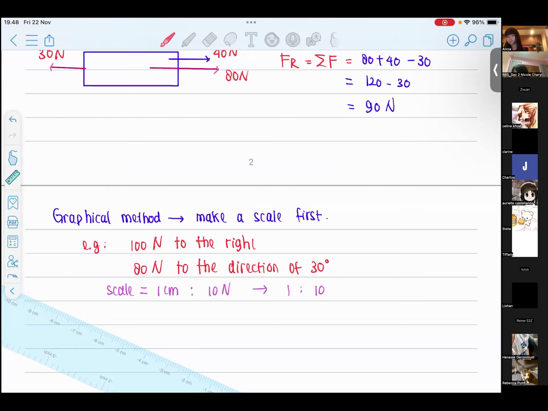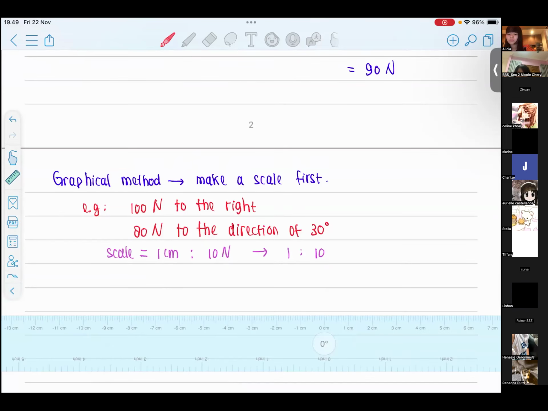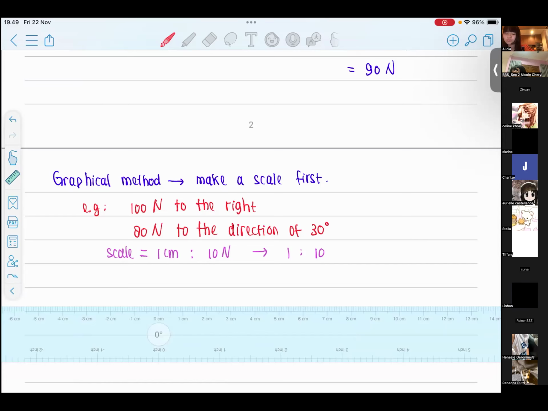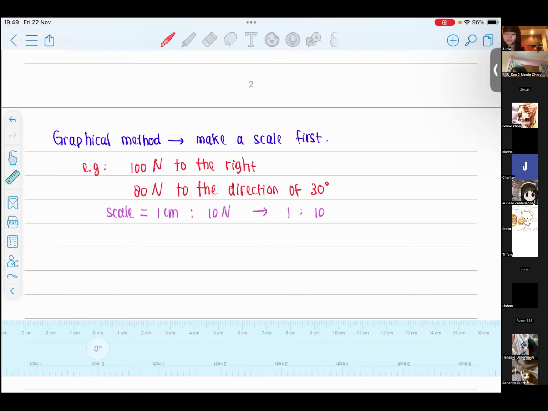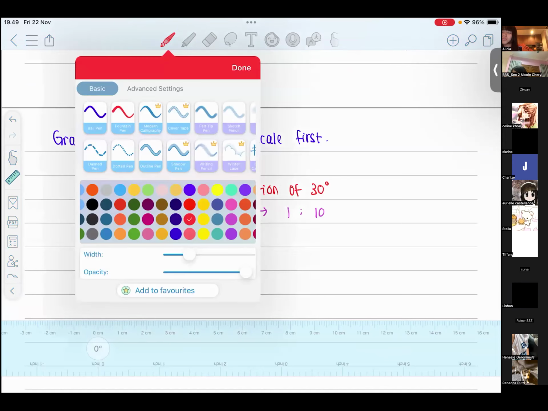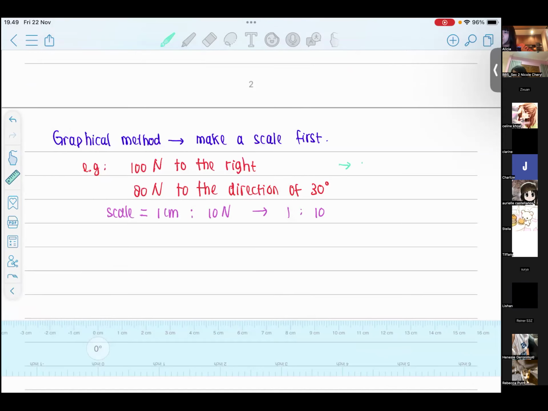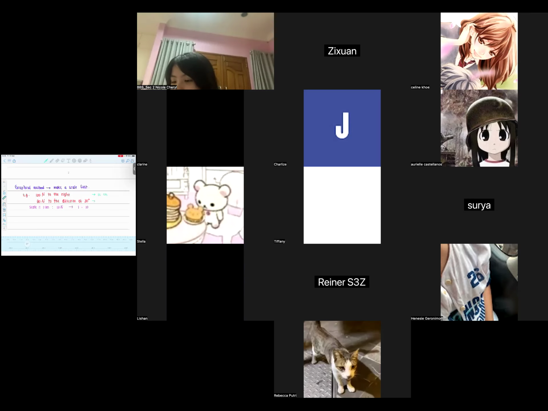So now you draw 100 Newton. 100 Newton, you will draw in centimeter. How much, students? 10 centimeter. Am I correct? And then 80 newtons, you will draw in 8 centimeters.